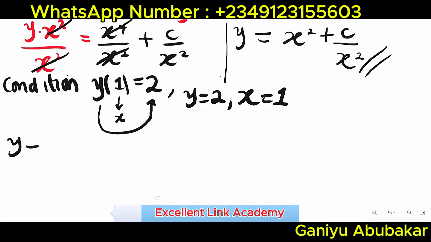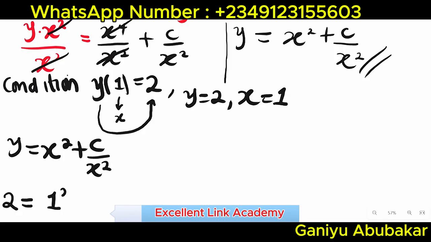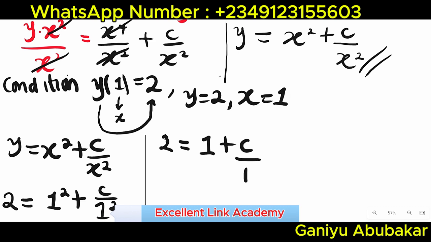That gives you y equals x squared plus c over x squared. y is 2, x is 1. That gives you 2 equals 1 squared plus c over 1 squared. From here, I'll have 2 equals 1 plus c over 1, which gives you c.